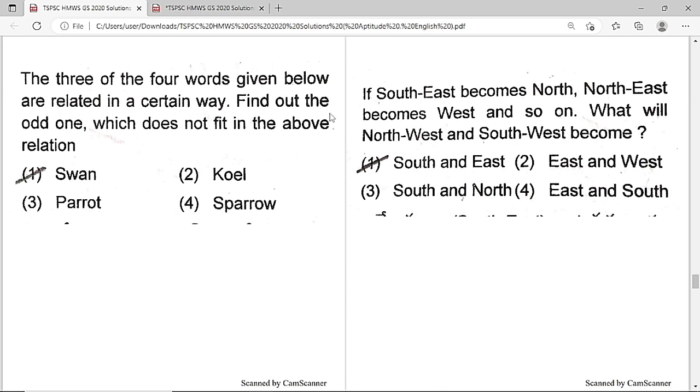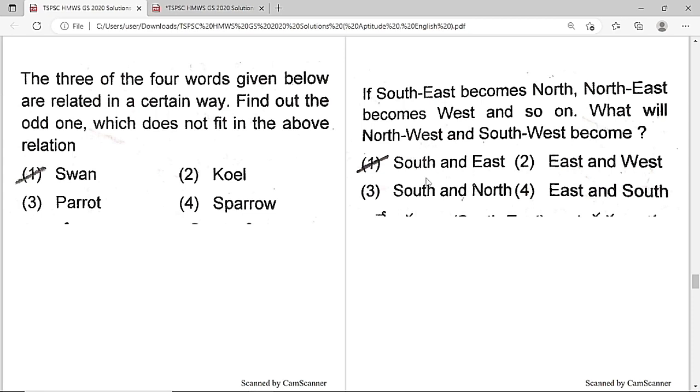We are saying that if southeast becomes north and northeast becomes west and so on, then what do northwest and southwest become? We need to figure that out. Of the four options, option A, south and east, is the correct solution of this question.